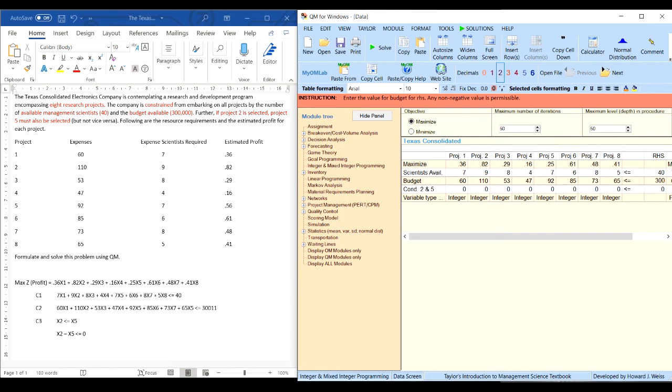Now this is already set to less than or equal to 0. So all we have to do, x2, it's a positive value, 1. x5 is a negative value, minus 1. And we have all of the information noted. Because it's a selection situation, it's not integer, it's 0, 1, 0, 1, 0, 1.